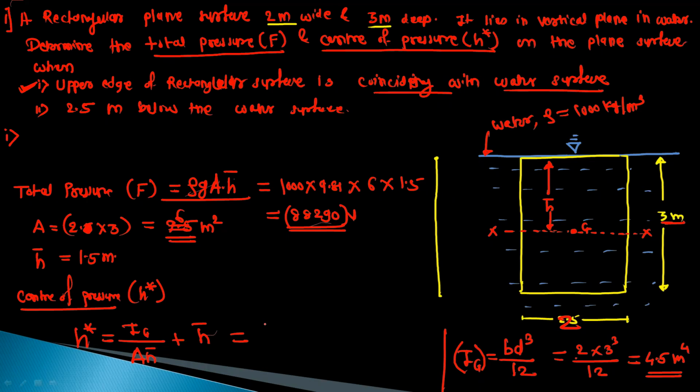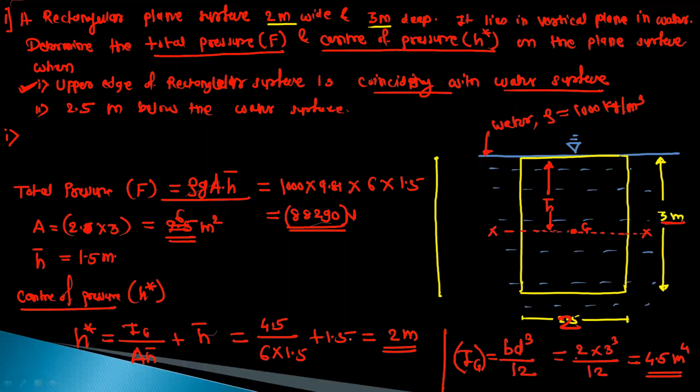So we have got the value of Ig, which is 4.5. Area, the submerged area of the plane surface, is equal to 6. h bar value is 1.5, plus 1.5. Okay. So you will get the value to be 2 meter. So this is the value of h star.